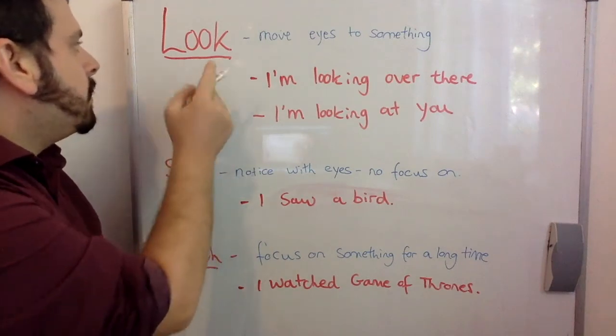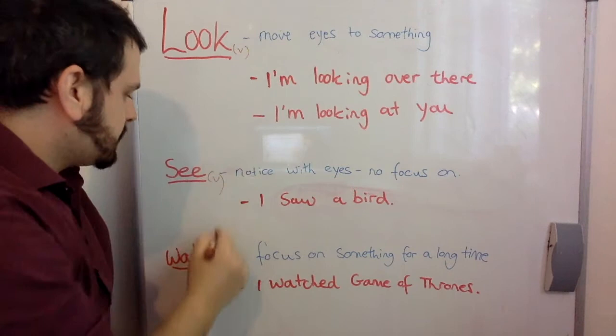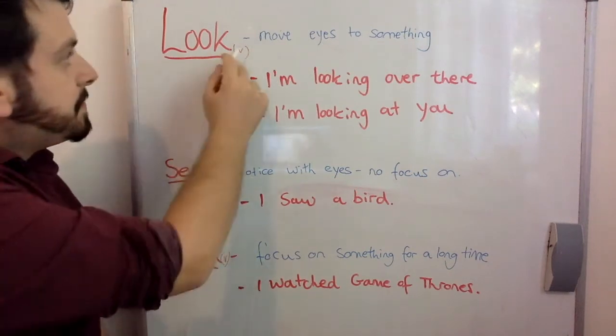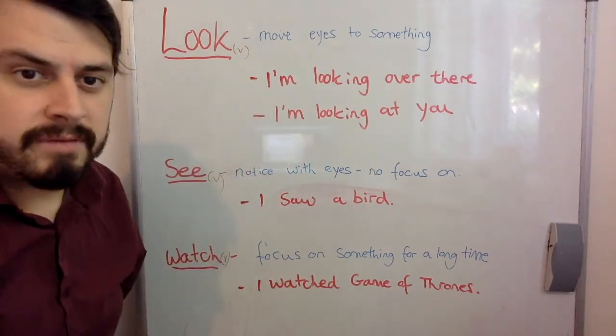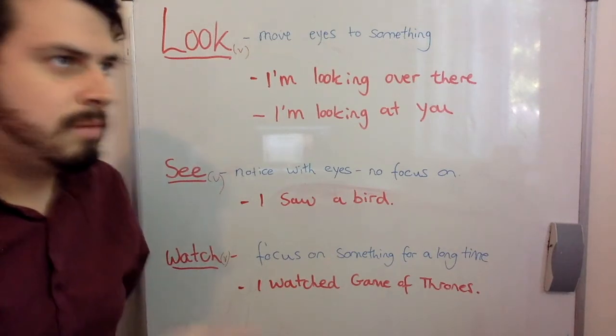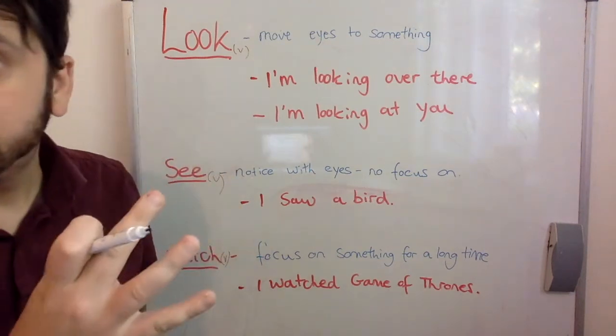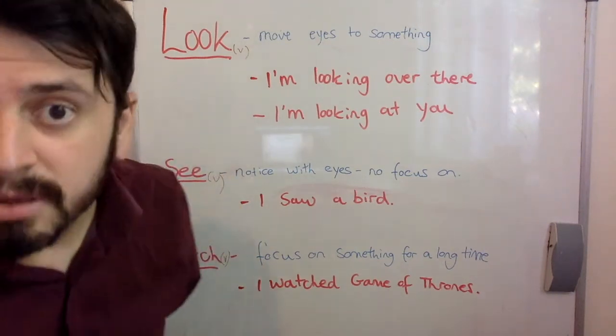So with this verb look, all of these are verbs. With the verb look, basically when we look at something, we move our eyes to something. So it's almost like we want to see something, but we move our eyes to it. So I look at you.